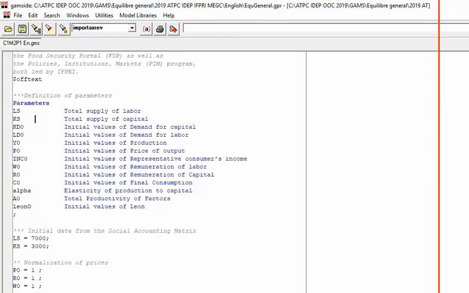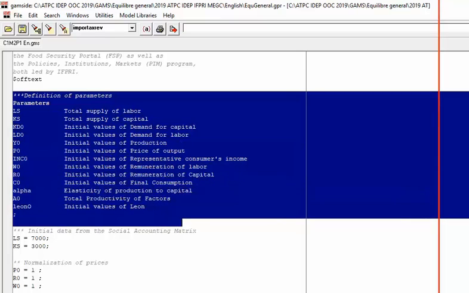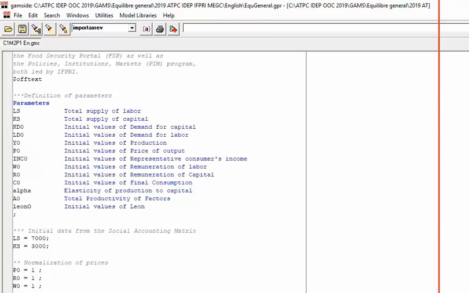Here you've got the declarations of parameters. Of course, there is nothing difficult here because they are all the parameters that are necessary for the program.